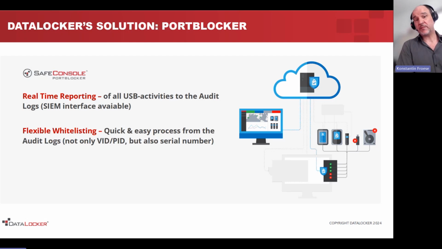And we come from the audit logs, and if a device was registered and blocked, it appears in the audit log, and with 2 clicks, you can whitelist the device, and not only on vendor ID and product ID, which all, let's say, better quality devices have, but also based on the serial number, which is, of course, always better.